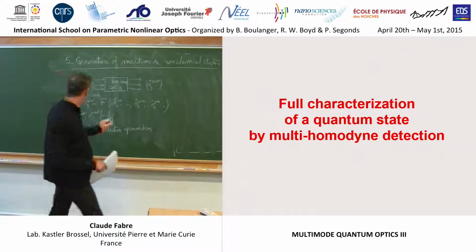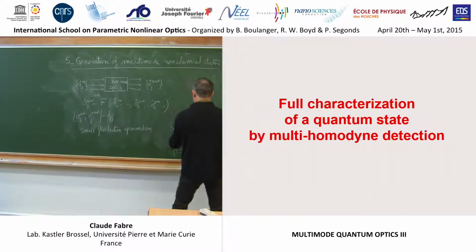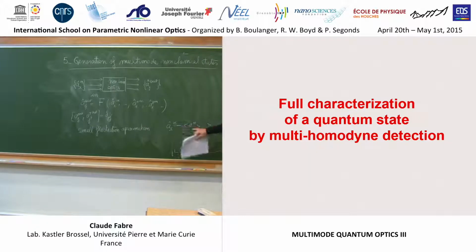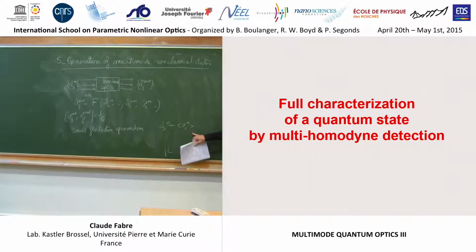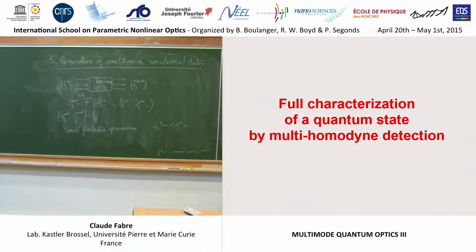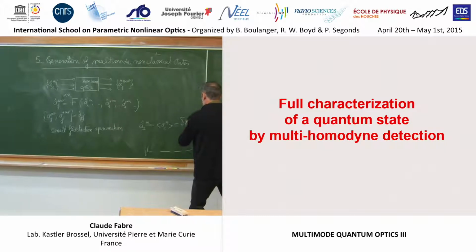It means that if you consider the fluctuations of this quantity, that is to say the difference between A in and the mean of it, this is the difference between the value that you measure here and the mean, so it's just the fluctuating part, which I can call delta A in.